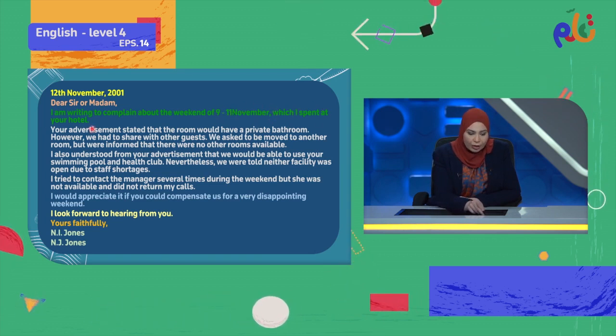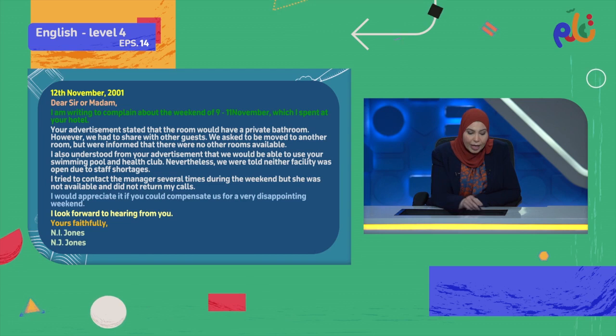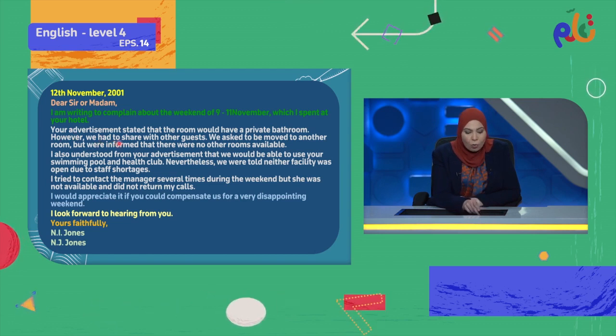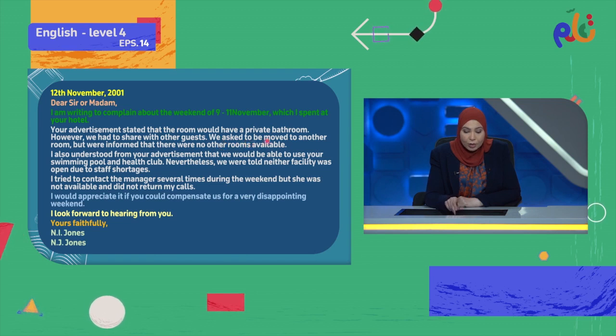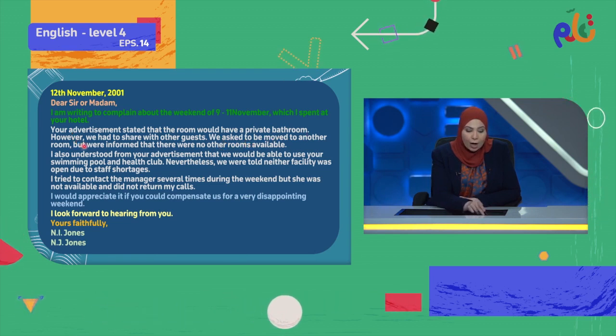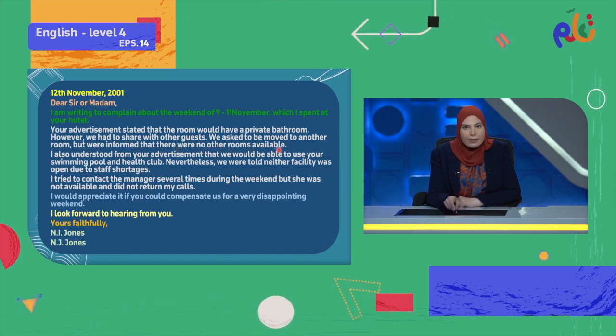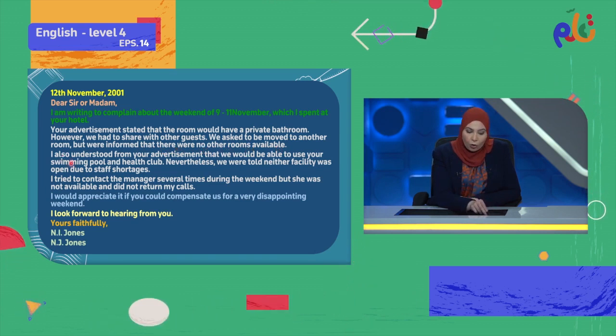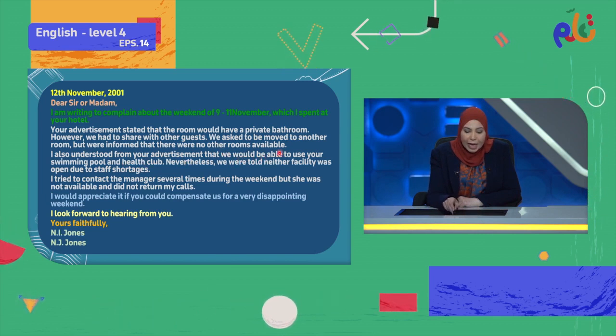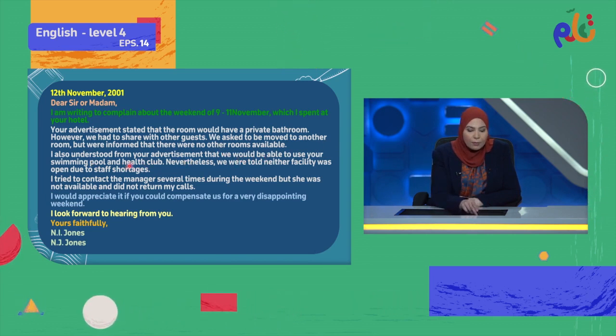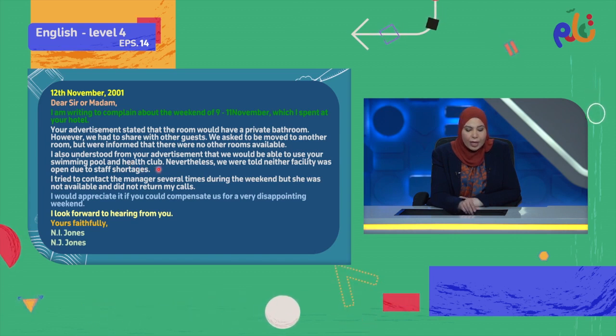spent at your hotel. Your advertisement stated that the room would have a private bathroom. However, we had to share with other guests. We asked to be moved to another room, but we were informed that there were no other rooms available. I also understood from your advertisement that we would be able to use your swimming pool and health club.